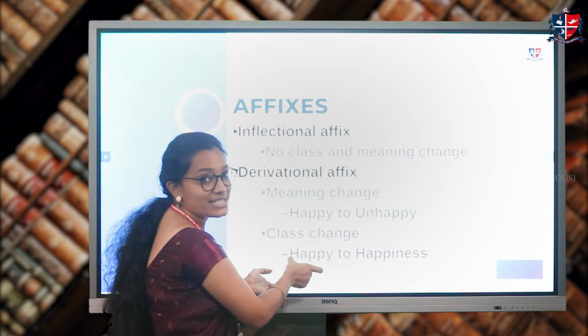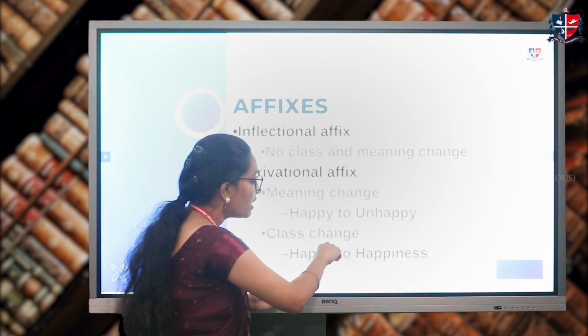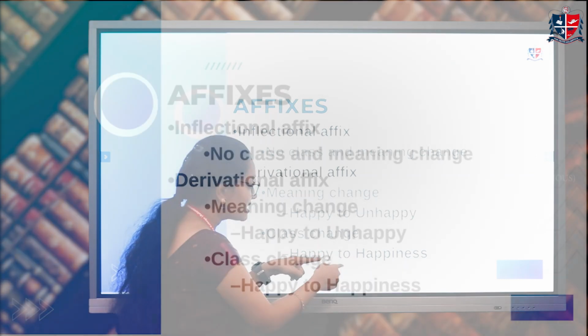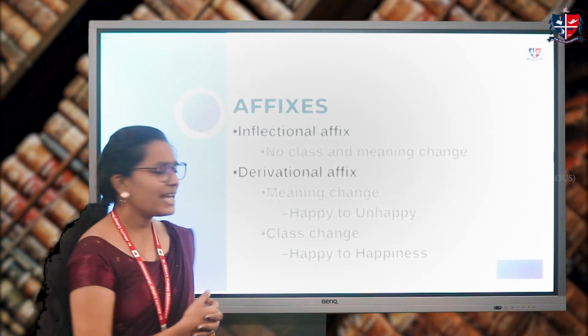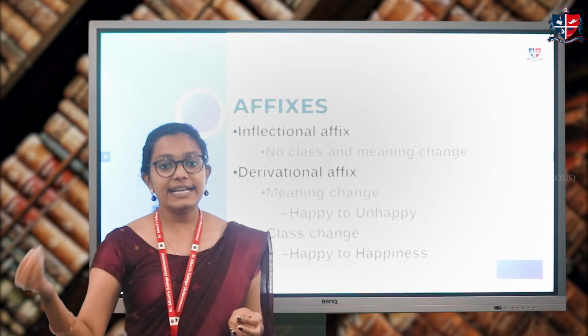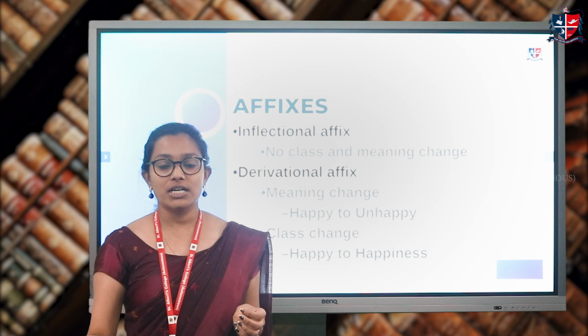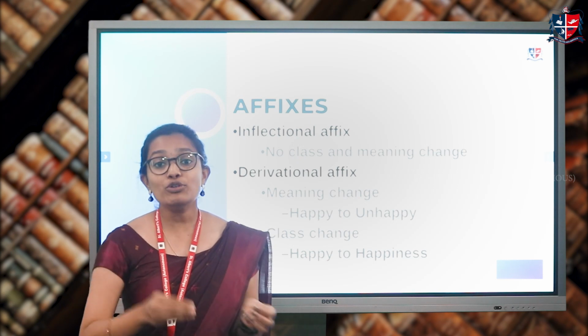Let's take an example for class change. The word happy is an adjective, but when the morpheme ness is attached, it has changed to a noun form. Other examples are edit, editor, beg, beggar, then beauty, beautiful.